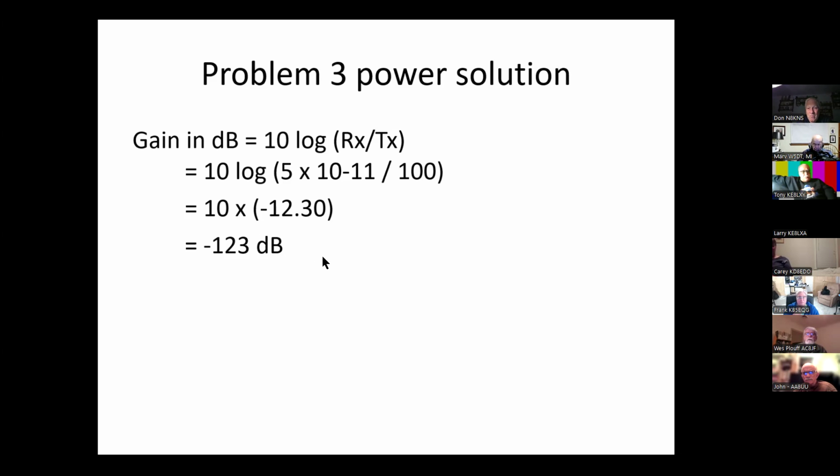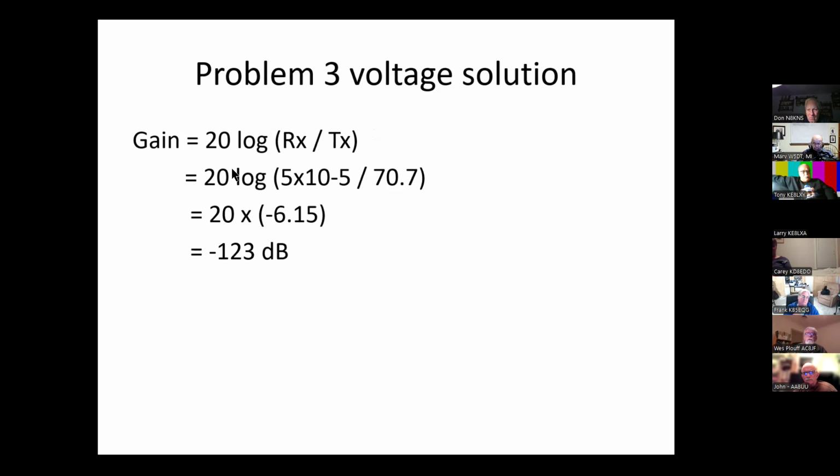So now let's do this in terms of voltage. It's 20 times. Now remember, for the gain, since we're measuring power, the gain is a power ratio. The gain is 20 times the log of receive voltage over transmit voltage.